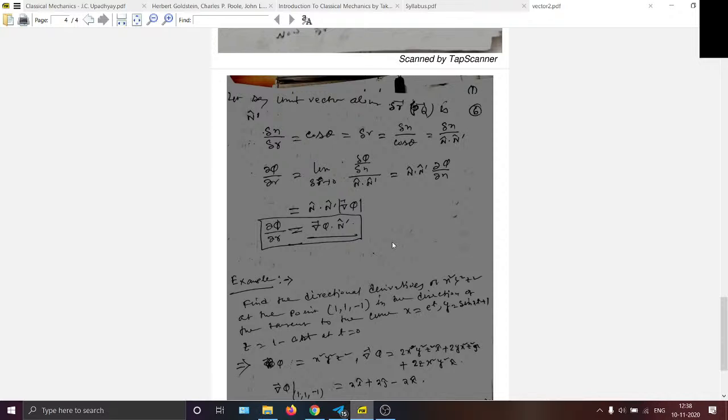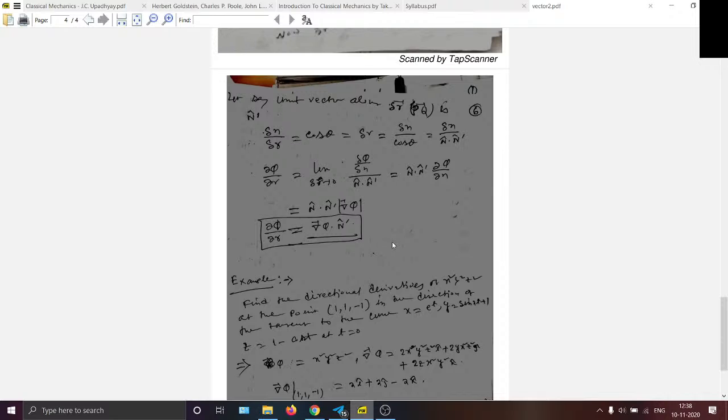If you see the figure on page 4, you also see that delta n divided by delta r is nothing but cos theta. So I can write delta r equal to delta n by cos theta, and cos theta is nothing but n cap dot n prime cap.